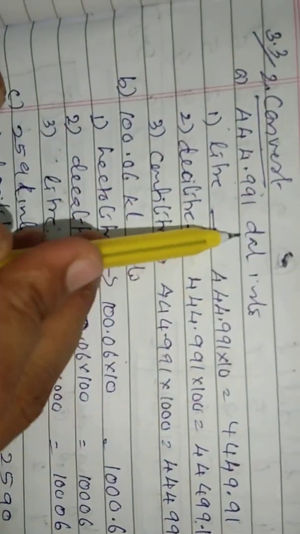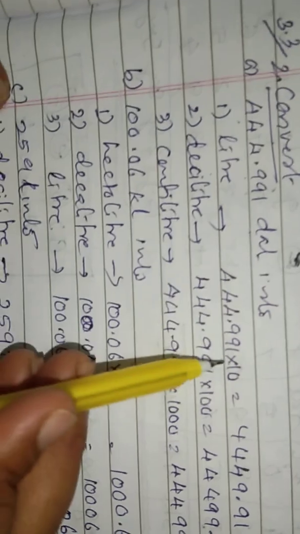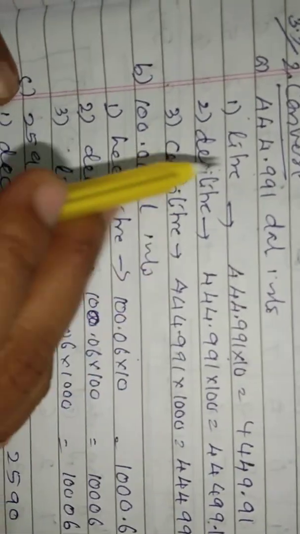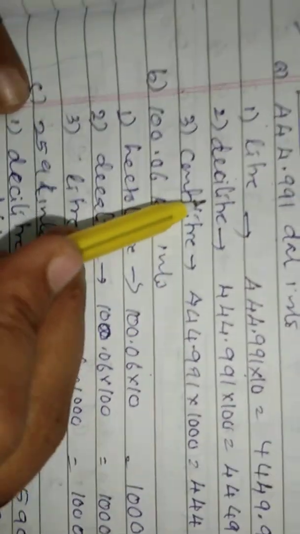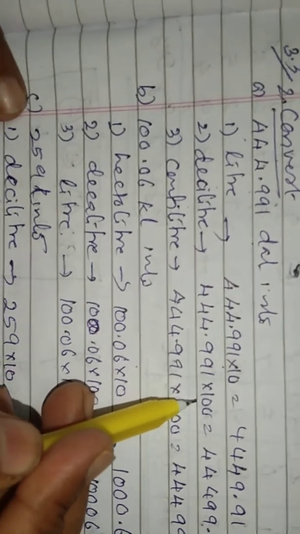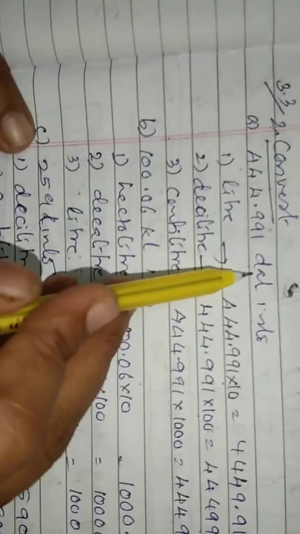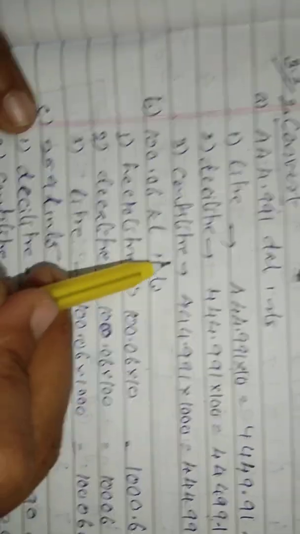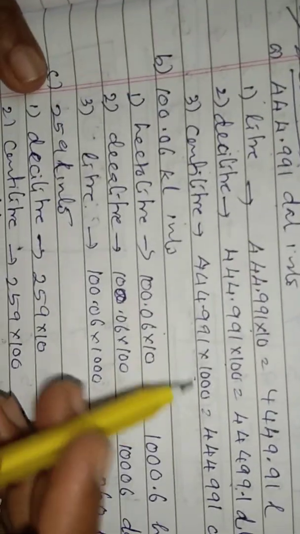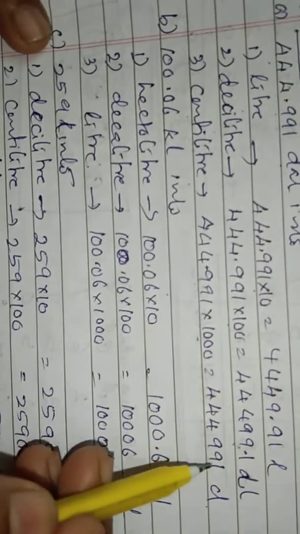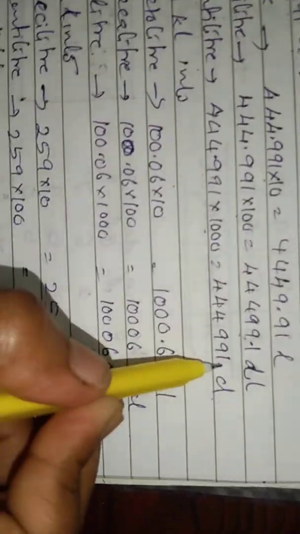441.991 decaliter to liter. What do you have to do? Multiply by 10. Then decaliter to deciliter, you have to multiply by 100, the decimal will move 2 places to the right. Then decaliter to centiliter, multiplying by 1000, it moves 3 places to the right. The decimal will come here.